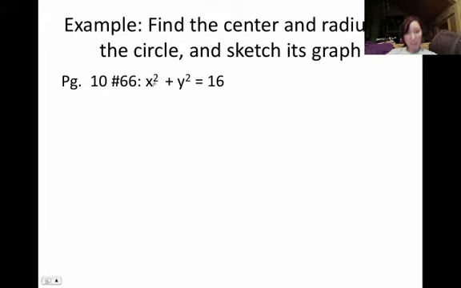Alright, and finally this example, what we need to do is go backwards. Instead, they gave us the standard form equation. It's a chunk squared plus a chunk squared equals a number, which is a radius squared. So we're going to have to sketch this. If you were to match this up to that type of standard form equation, you can just go in and say, alright, it was x minus what?